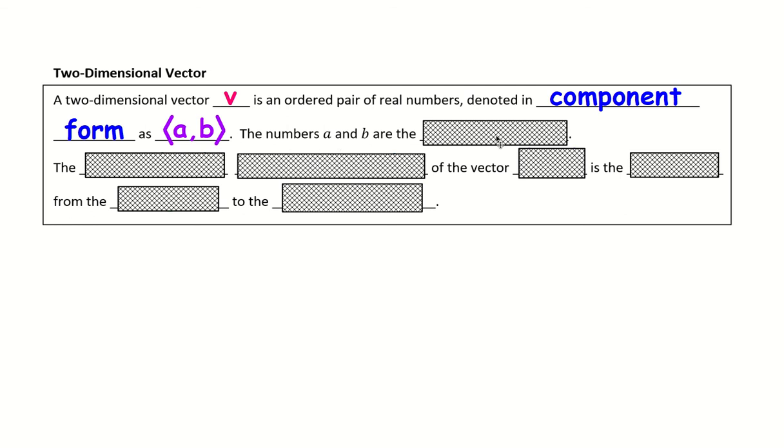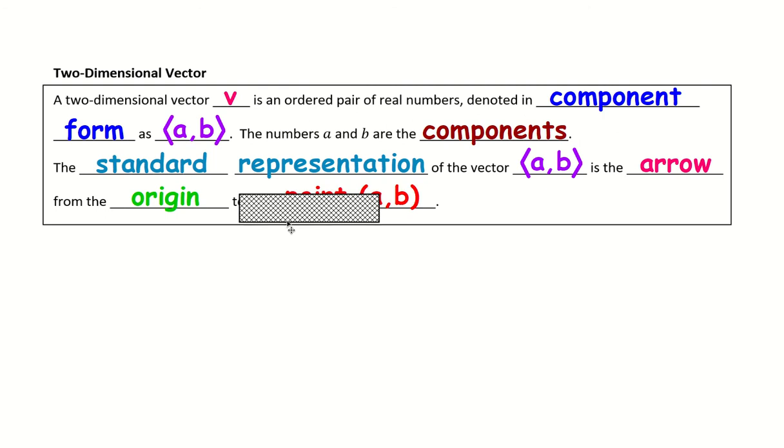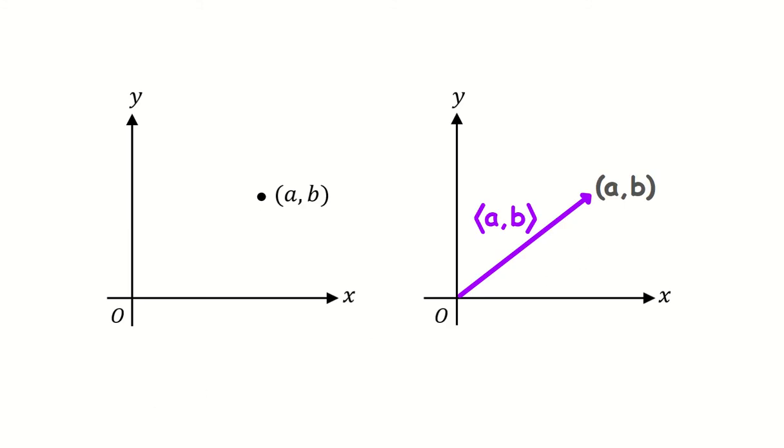The numbers a and b are the components. The standard form of the vector is the standard representation. The standard representation of the vector ⟨a, b⟩ is the arrow from the origin to the point (a, b). So standard representation coming from the origin.